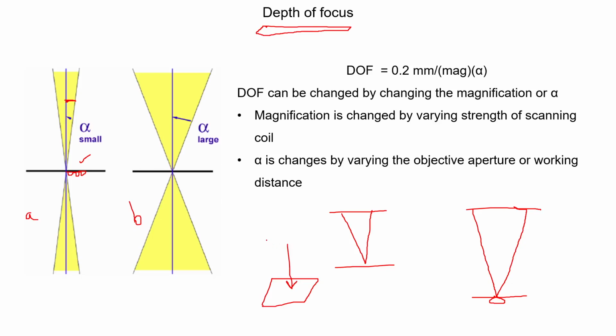Then the working distance is basically, if this is your lower part of the objective lens, then the distance from the lower part of the objective lens to the specimen is basically the working distance. You can change this depending upon the requirement which you need to find in the specimen.